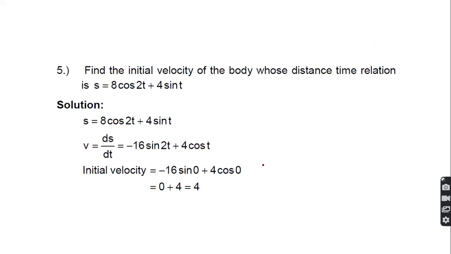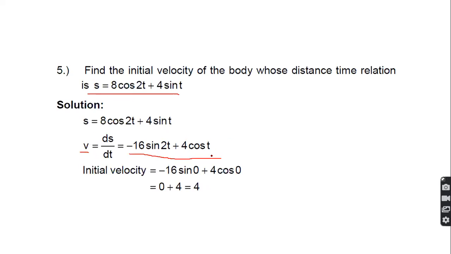The next question is to find the initial velocity of the body whose distance time relation is s equal to 8 cos 2t plus 4 sin t. This is based on the trigonometric function. So s equal to 8 cos 2t plus 4 sin t. What is v here? That means ds by dt: minus 16 sin 2t plus 4 cos t.